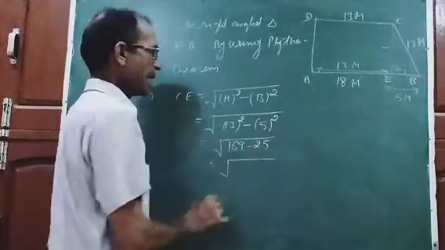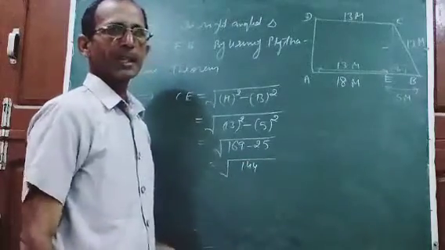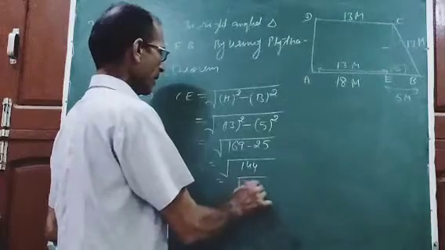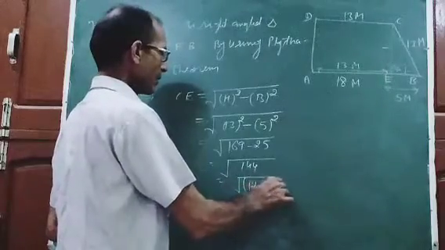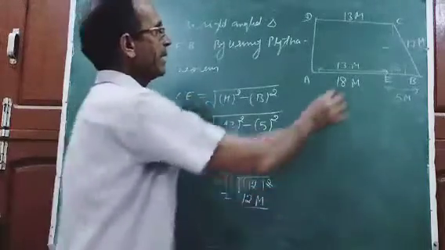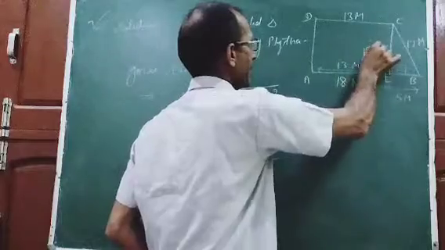So 169 minus 25 will be 144. The square root of 144 is 12. So this will be 12 meter. It means the height between the parallel lines is 12 meter.